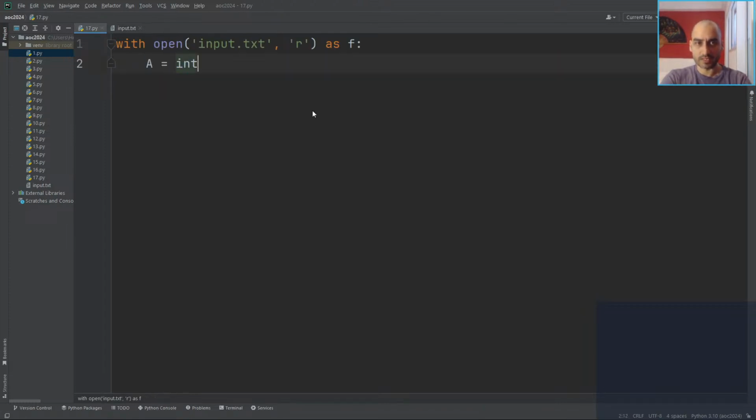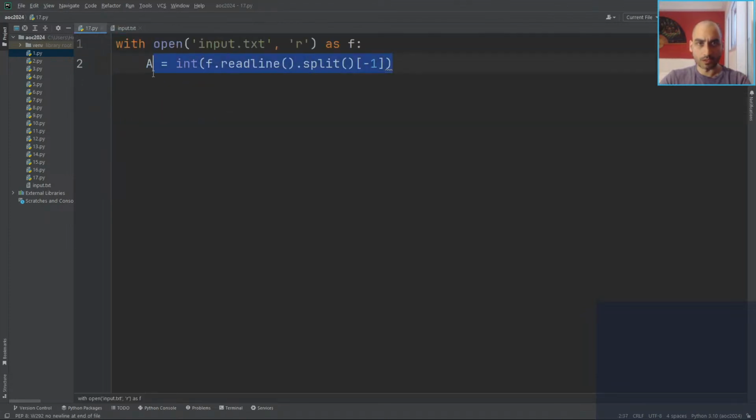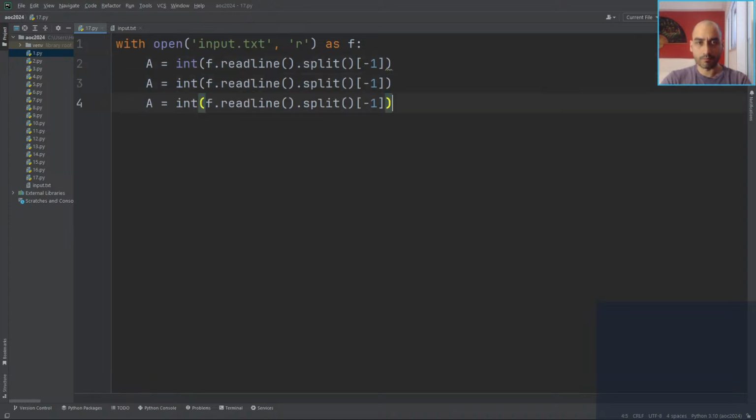A equals int of f.readline().split(), just take the last thing there. I suppose we can just do that. Yeah. B and C. And then just take in a line.